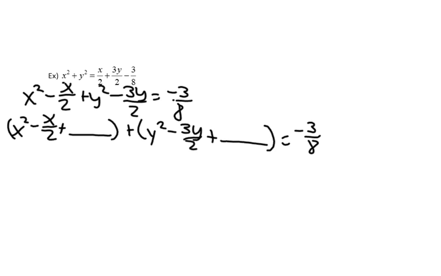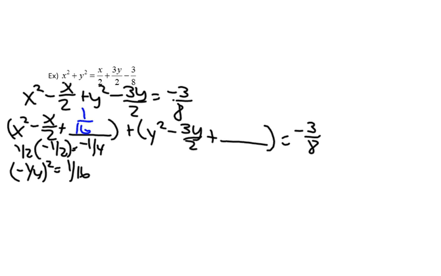So I'm going to take half of, well, the fraction is negative 1/2. So that's negative 1/4. And then I'm going to square that and get 1 over 16. So I'm going to add 1 over 16 to both sides.